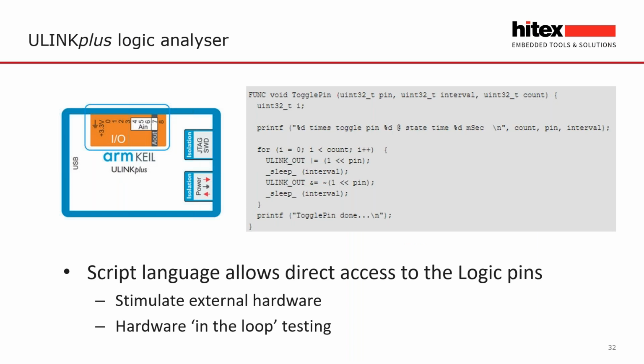So we can start to write test scripts either to output, for example, in this case, we're toggling pins, or we can generate analog signals onto a board, or indeed we can measure outputs from our hardware as well. So this allows us a way to do in-the-loop testing. And again, I would suspect that the Microvision tools will be extended to support more testing features in the near future.